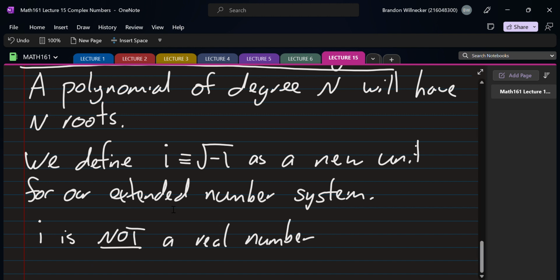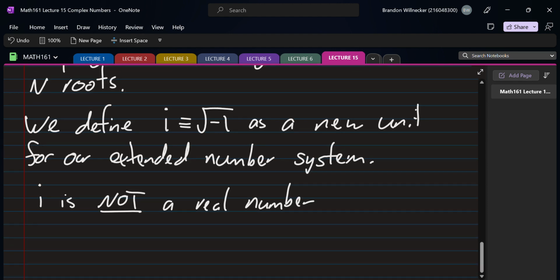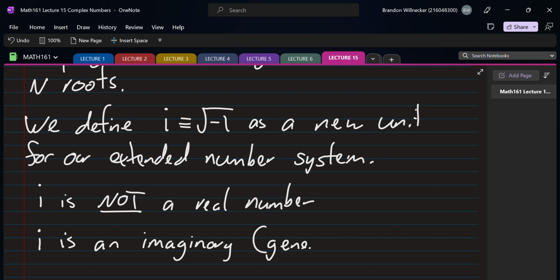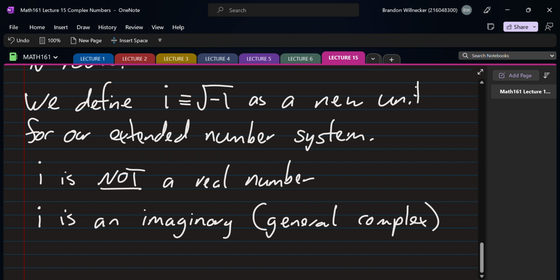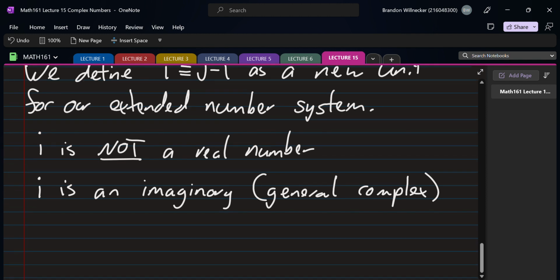Right? Because again, we can't take the square root of minus 1. That doesn't make sense in terms of real numbers. Instead, i is called an imaginary number. Imaginary, or in general, complex. Okay, so it's just a number for our new number system.